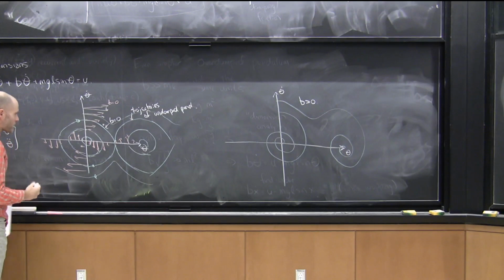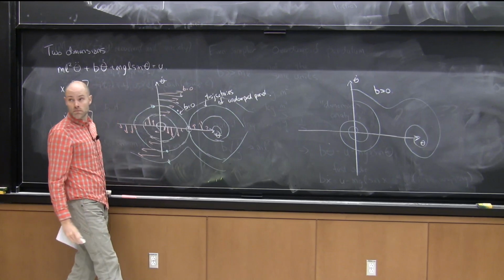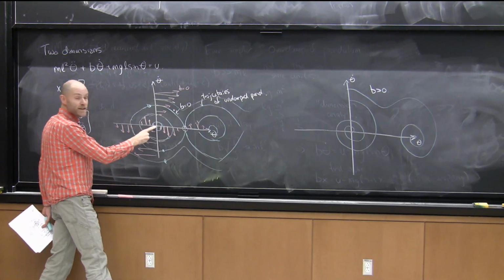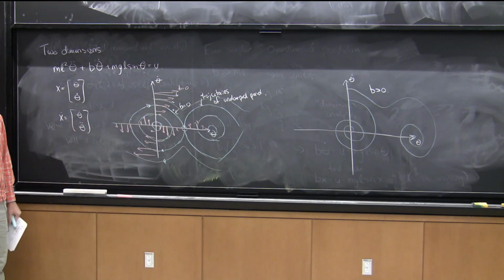And so the question I have for you, I think we're willing to say that this fixed point is unstable. But the question I have for you here is, is this fixed point stable? It's not attractive, but it doesn't run away, right?